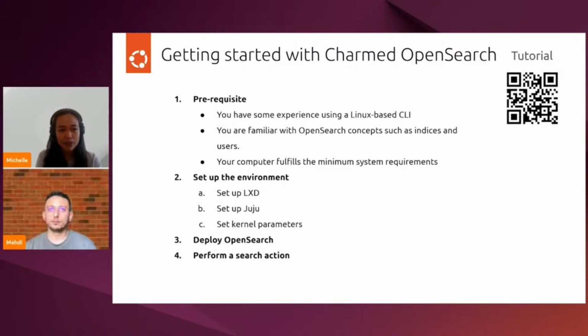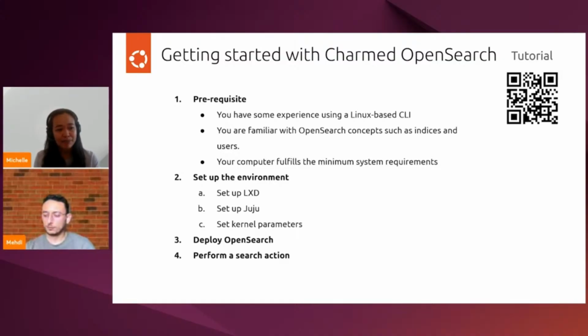For Charmed OpenSearch, you need experience with Linux-based CLI. You will deploy it on an Ubuntu machine, you should be familiar with OpenSearch concepts, and you have to fulfill a couple of minimum system requirements. But if it's just for a fun deployment, you don't need to worry about having terabytes of storage. You can just do it on your own machine.